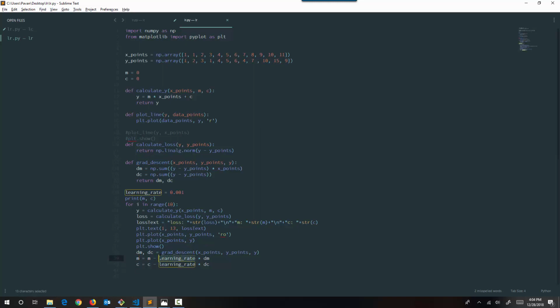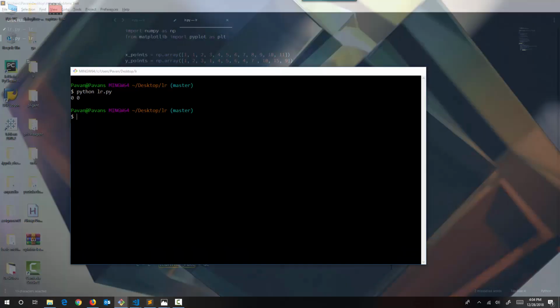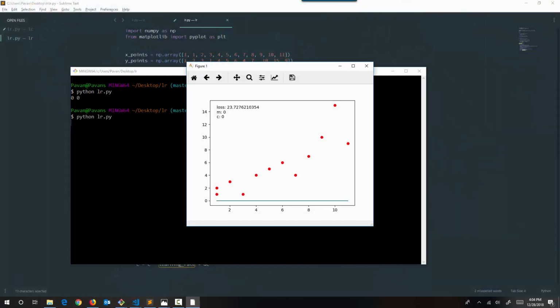Learning rate dictates the amount of gradient descent to be applied. For example, if you see, the line shifts from this particular position to this particular position because of this learning rate. Since it is 0.001, it shifted slightly.